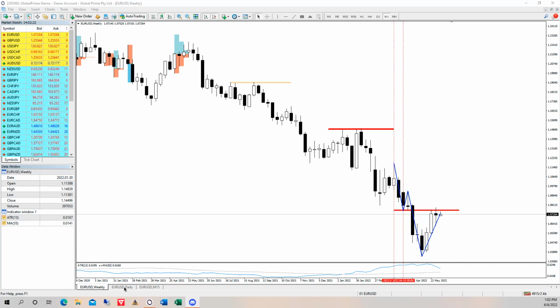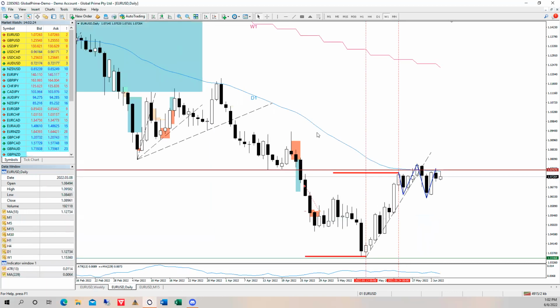It is also the area of the daily 55 EMA, which, as many of you know, is a key dynamic support and resistance level, which is one of the reasons why we do look at it as well. In any case, what's interesting about the 55 EMA is that it very often represents the area at which a retracement wave in a higher time frame trend comes to an end.